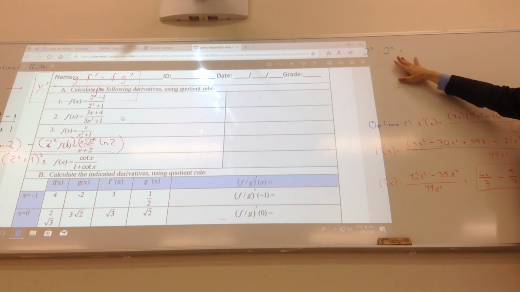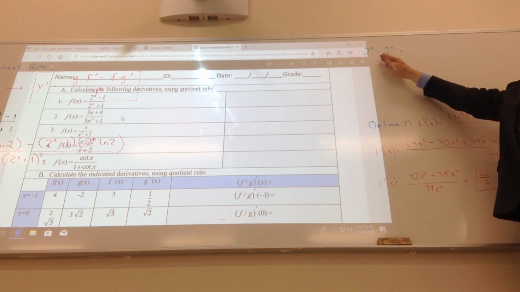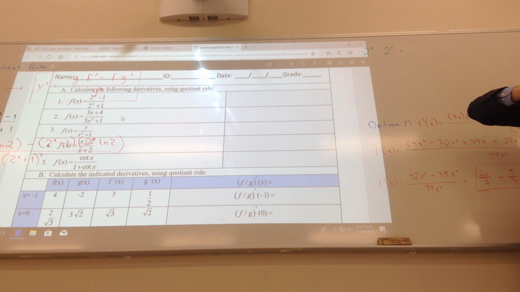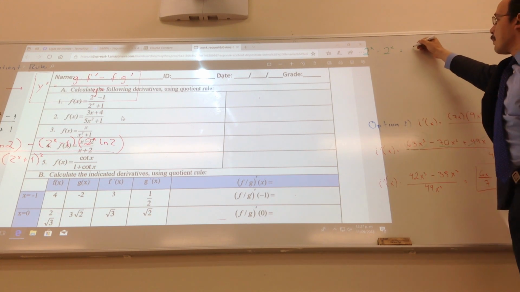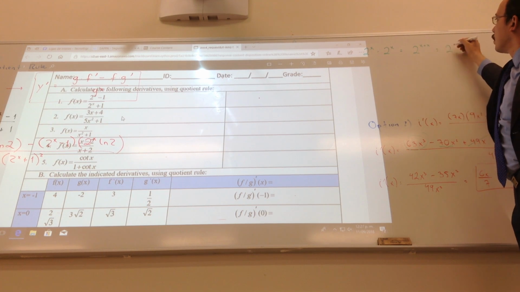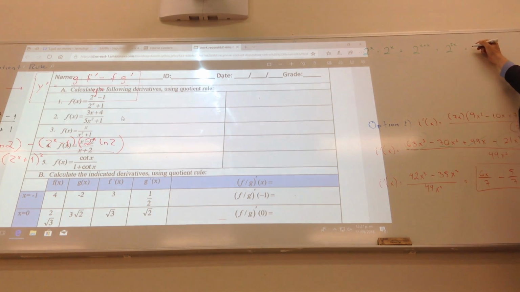Let me explain. 2 to the x times 2 to the x, it has the same base. You could put, for example, 2 to the x plus x, which is 2 to the 2x, which is what? 4 to the x.